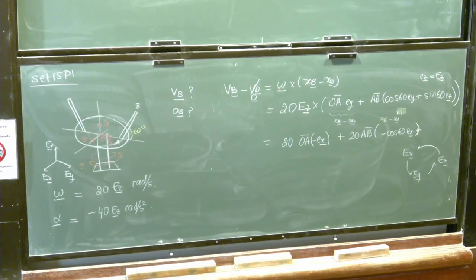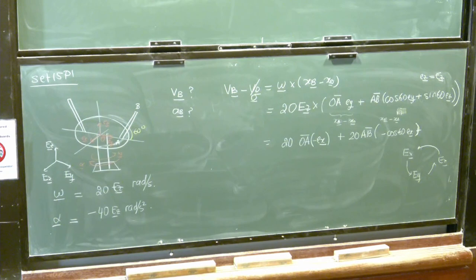Does it make sense that the velocity of B is purely horizontal along rotational Ex? Yes. The Ez cross Ez component, they cancel out. Yeah. Sorry. No worries. Any other questions?